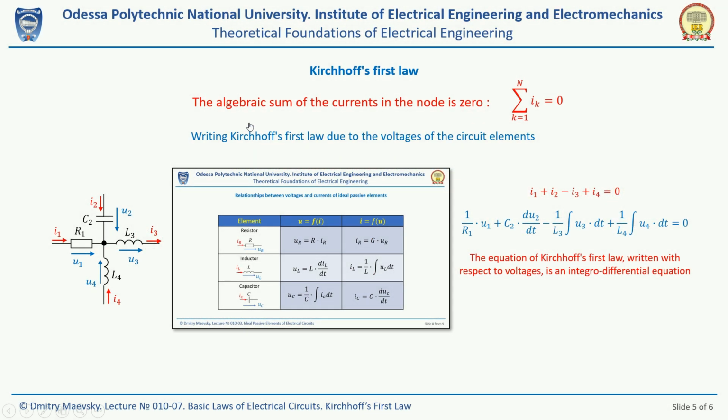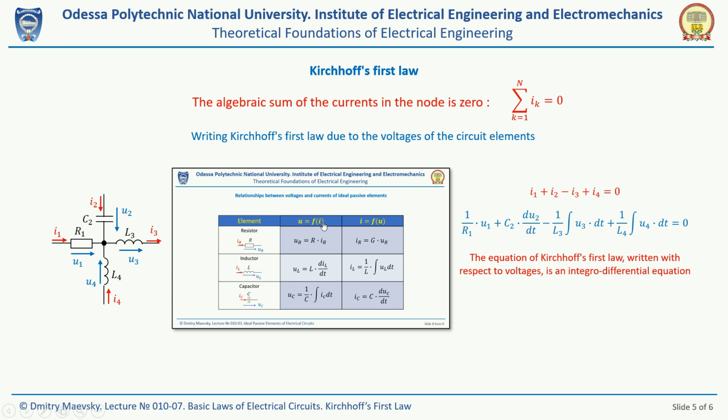The first law establishes that the algebraic sum of currents in a node is equal to 0. Therefore, this law is often called the law of currents. But it can be written not only for currents, but also for voltages on the elements of the branches that are connected to the node.